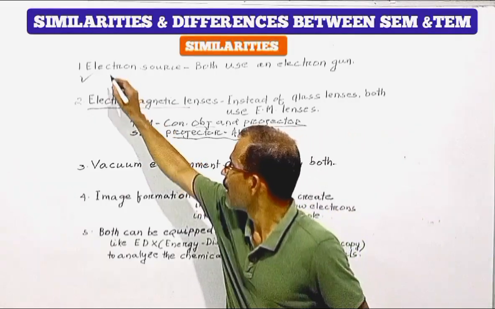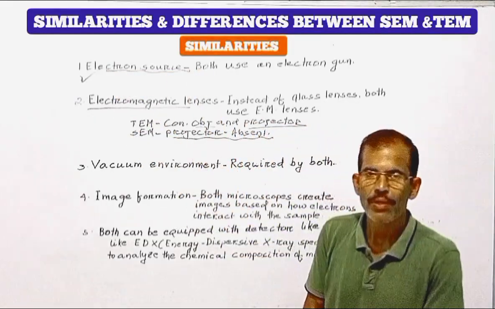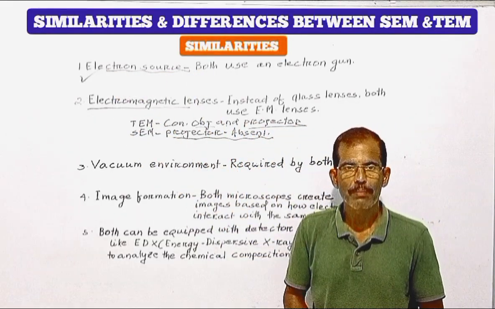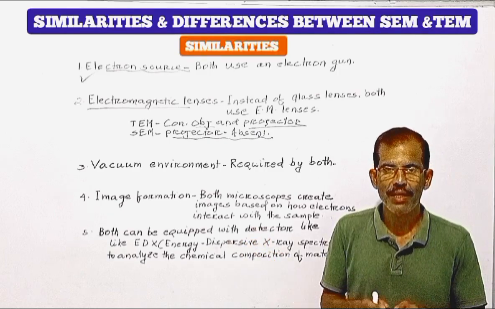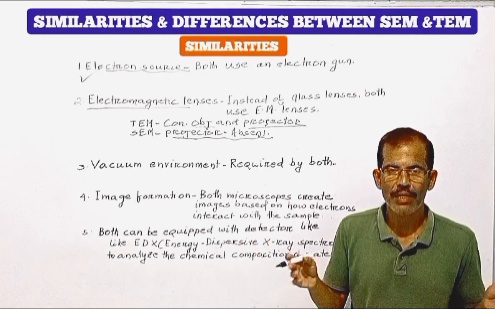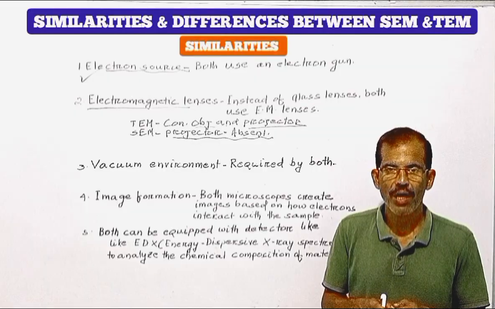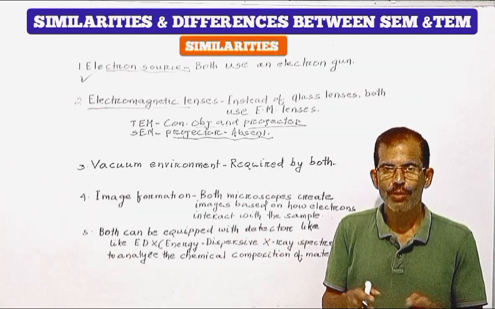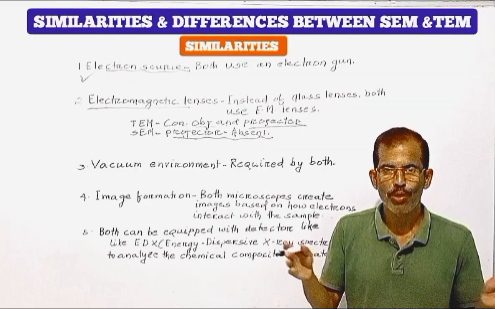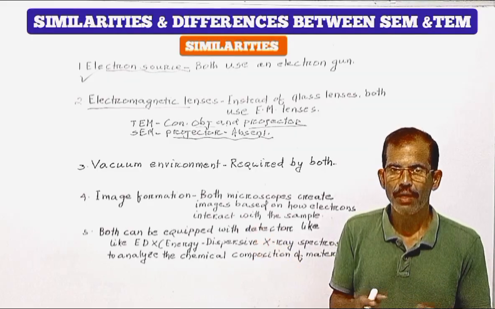Number one, electron source. Both SEM and TEM use an electron gun to generate high-energy electrons, which are then shaped into a beam. This electron beam is then used to illuminate the sample.